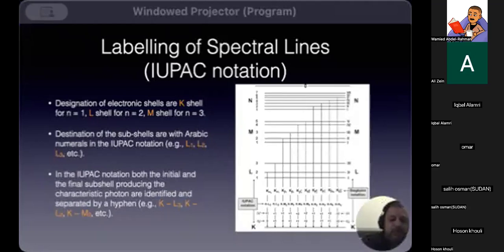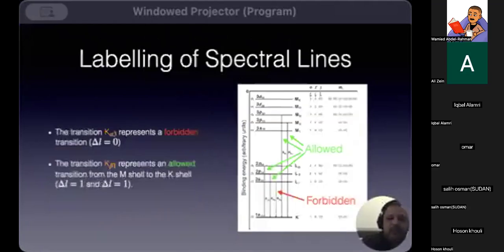Now, the nice thing in their notation is that when we talk about a transition, the notation uses both the final and the initial positions of the electrons, the subshells. For example, in the previous notation, K beta means that the transition is coming from either the M or N or higher shells.